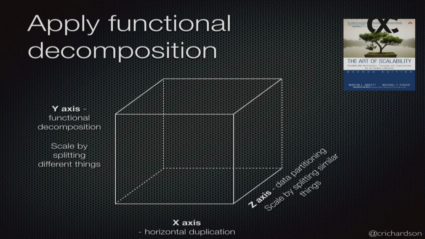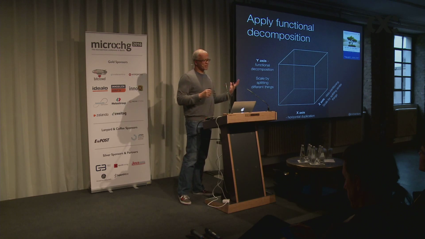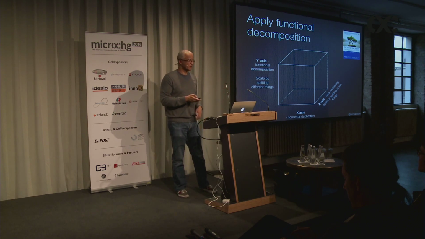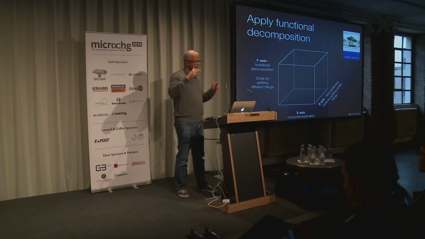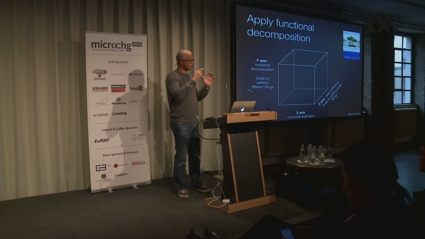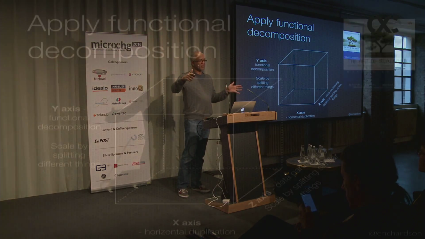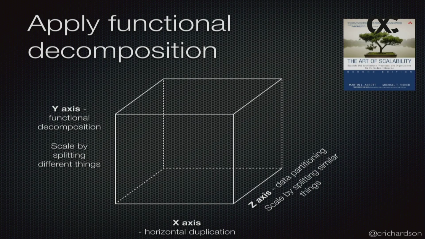So in the database world, that would be sharding, right? Where you use the primary key of a row to determine which server that row should reside on. And you can do something similar at the application level as well. But X and Z axis scaling are all about basically running monoliths, running identical copies behind some kind of load balancer, some kind of router.